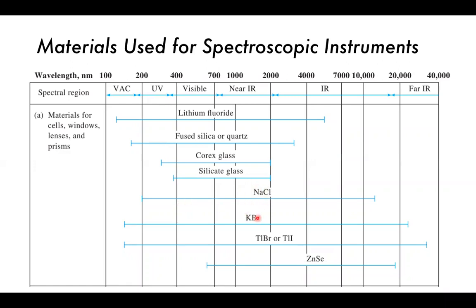Sodium chloride, potassium bromide, these are also very nice. Lithium fluoride even. These are very nice materials also. They're very transparent. They have a wide range of transparency. The issue is though, of course, they dissolve in water. Sodium chloride dissolves in water if you've ever made a salt solution.